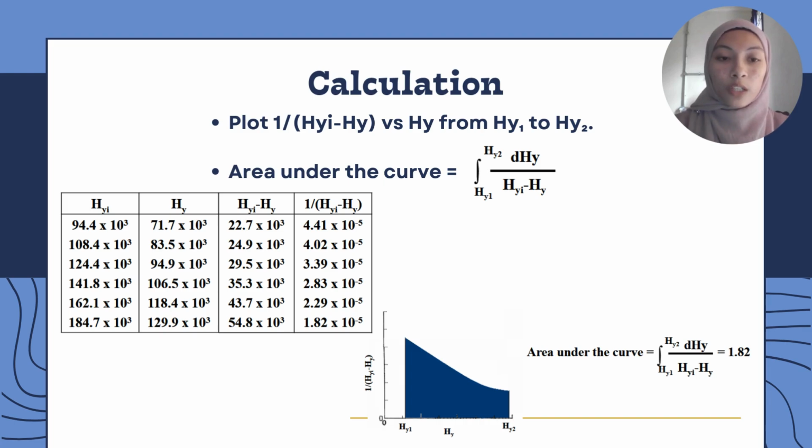From all the values we have calculated, we will then plot a graph which is 1 over Hyi minus Hy versus Hy. From this graph, we will get the area under the curve using the integration method. After the calculation, we will get the value 1.82.